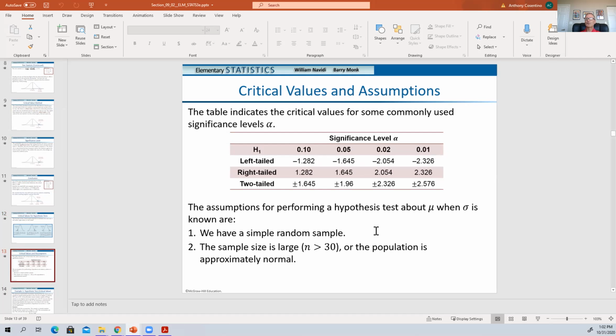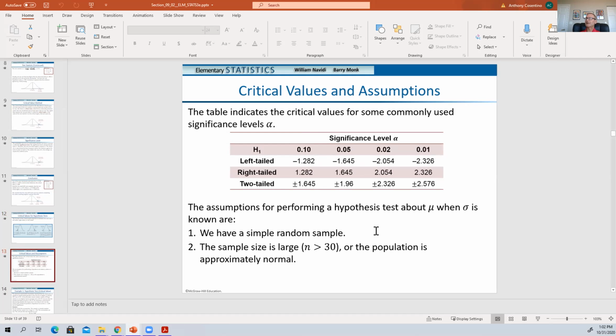And all books use this significance level as this term alpha. And so the idea is that it's random, you know the population standard deviation, and you have a sample size greater than 30. So we can use what? Central limit theorem.